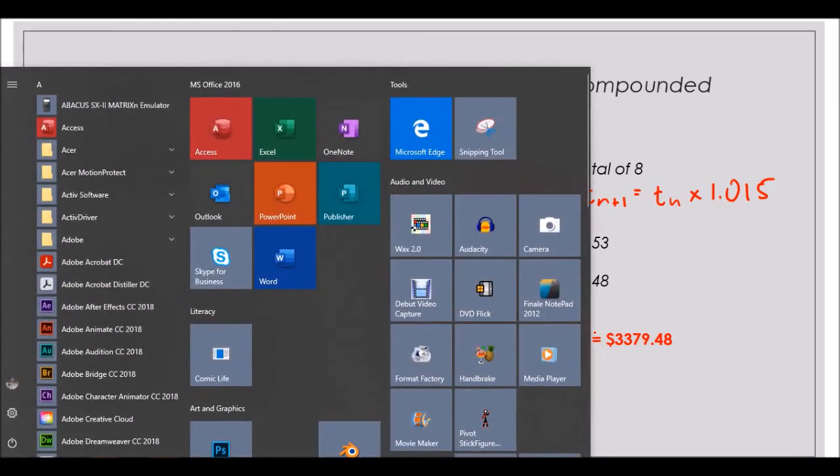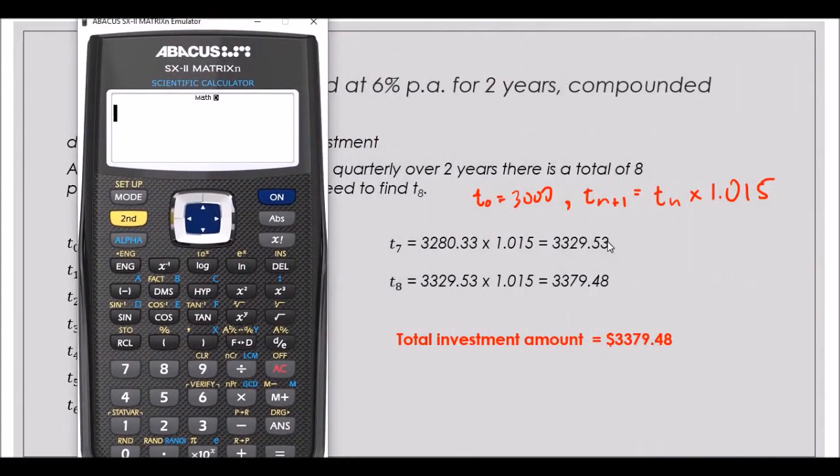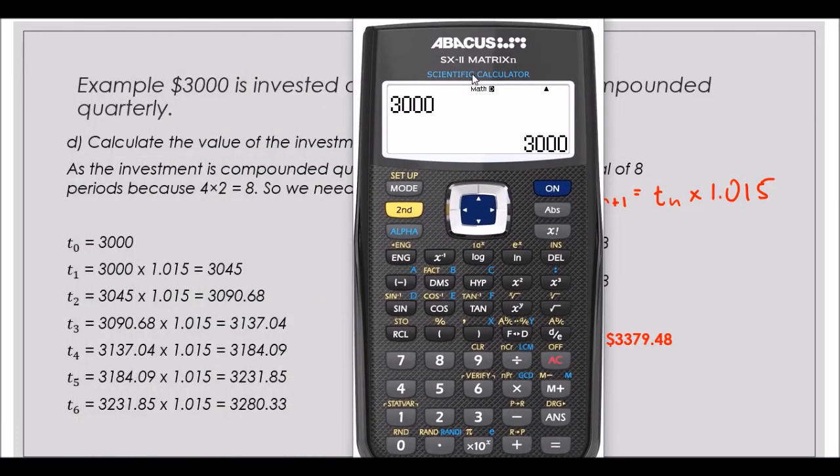Now, to do this on your calculator, start off by writing down your starting term, 3,000. Then we press enter, and then we multiply by, looking at the recurrence relation, 1.015. I just pressed times 1.015 and it gave me Ans times 1.015, which was 3,000 times 1.015.